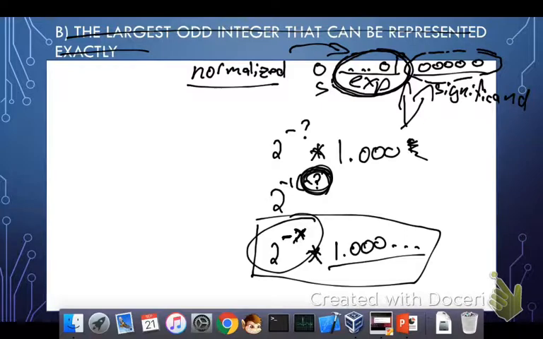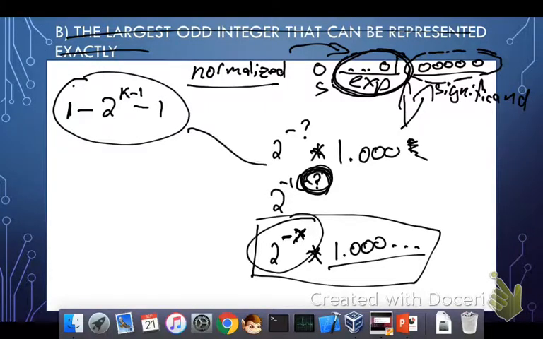Well, that means that I had to start with at least a 1. And then I could have subtracted the bias from that, right? Well, what is my bias? It's 2 to the k minus 1, minus 1. So this is my unknown negative exponent.